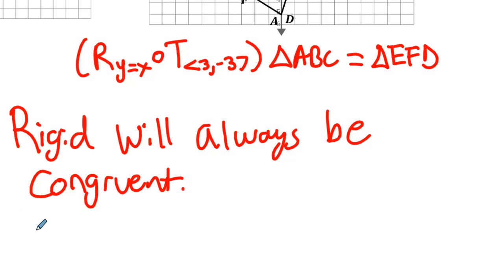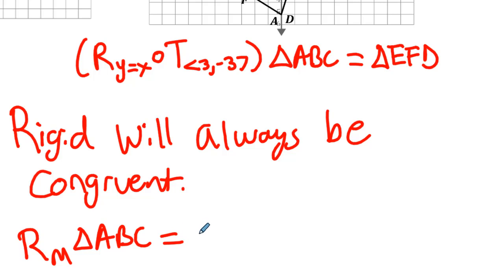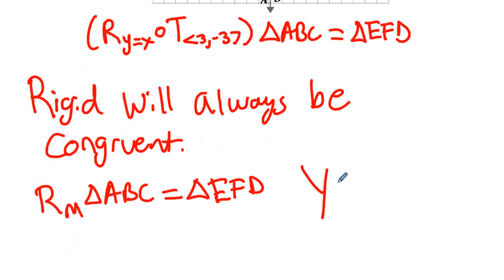Okay, so if I was doing, oh, let's rotate about point M, triangles ABC to make triangles EFD, and the question was asking, are these two triangles congruent? The answer is yes, because it's just a rigid transformation. No angles are changing and no side lengths are changing.